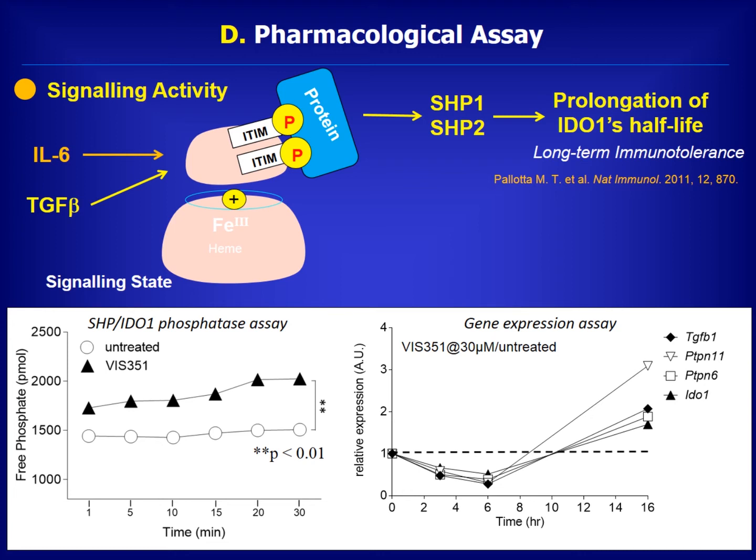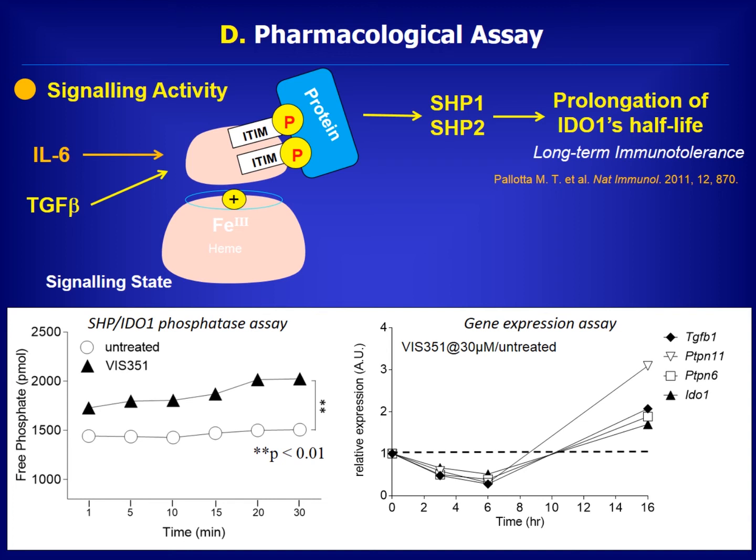So the first assay that we did was a phosphatase assay. In this assay, we used co-immunoprecipitation of the SHP-IDO1 complex from cells treated with this 351 and from cells without any treatment.